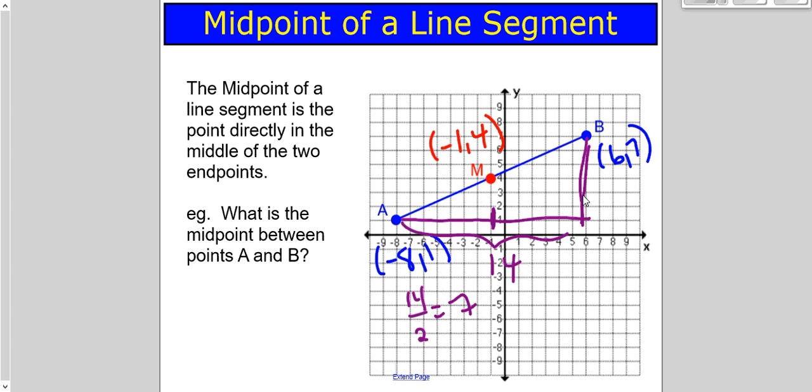And same with our rise. If I'm at 1 and I go all the way up to 7, this has a rise of 6. Half of 6 is 3, so 1, 2, 3. Right here is my halfway mark. So if I use my halfway marks, I can see that I have this midpoint right there. Half my rise, half my run.